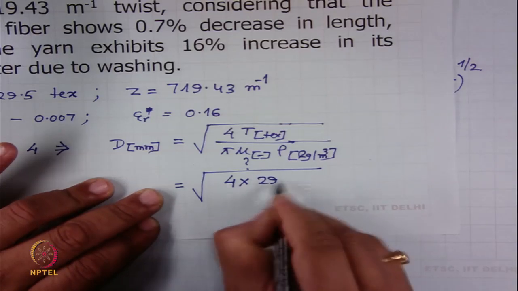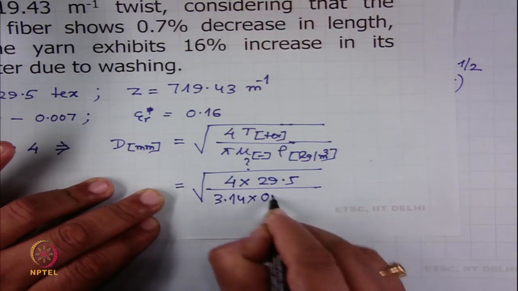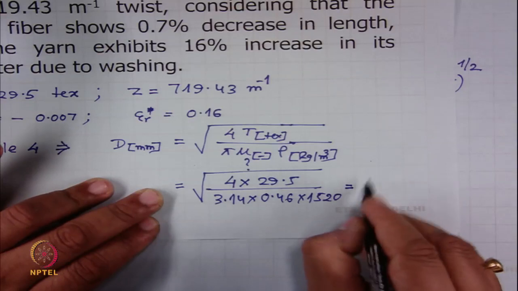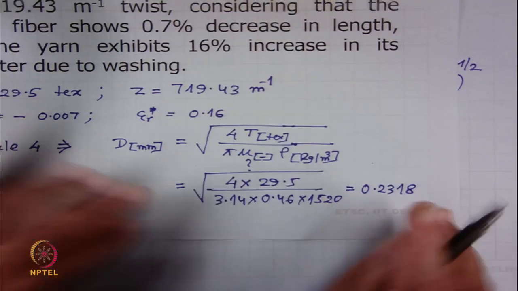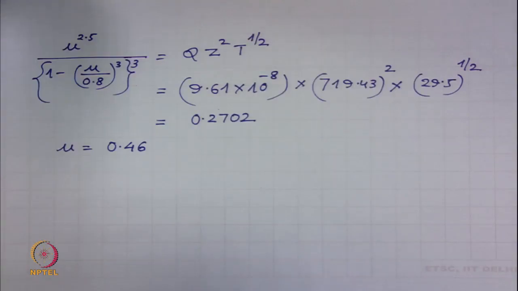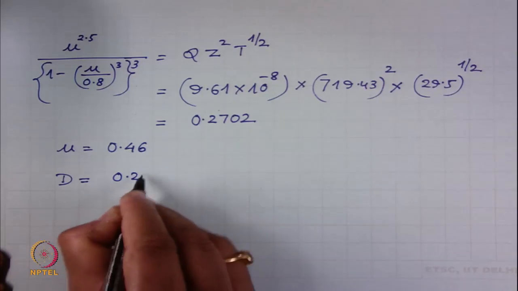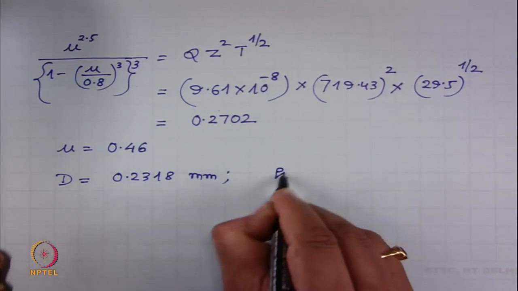If you now know mu is equal to 0.46, then you substitute here 4 into T, T is 29.5, 3.14 into 0.46 into 1520. This value you will get as 0.2318. So, you now know d, 0.2318 millimeter. The moment you know d, what will be the value of kappa?